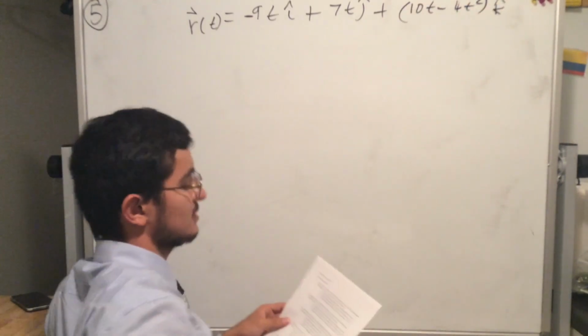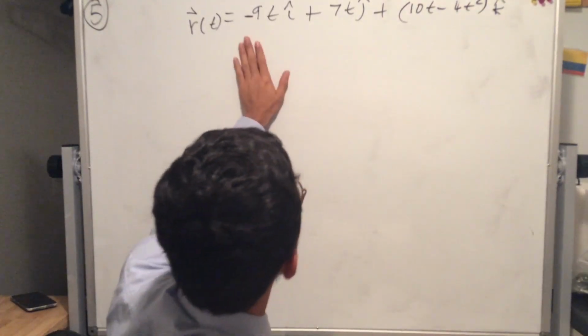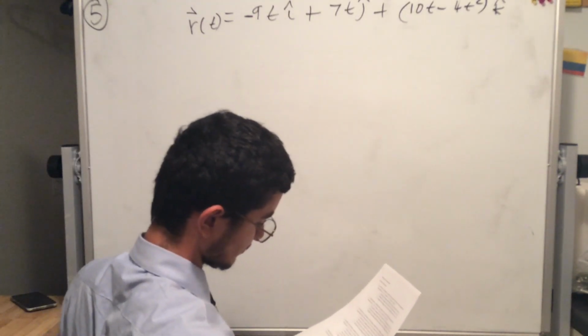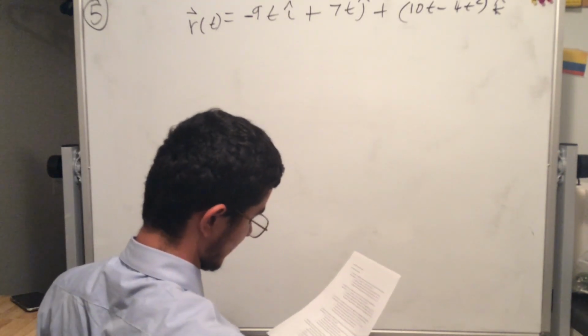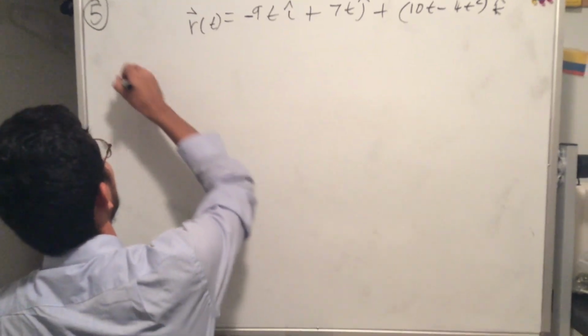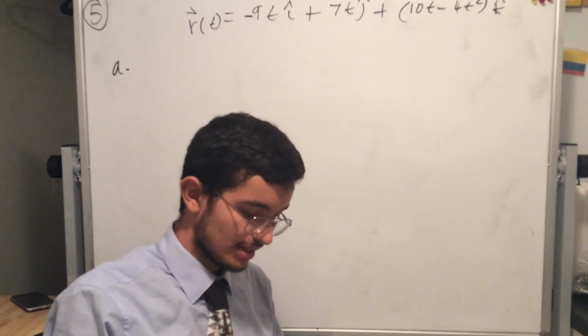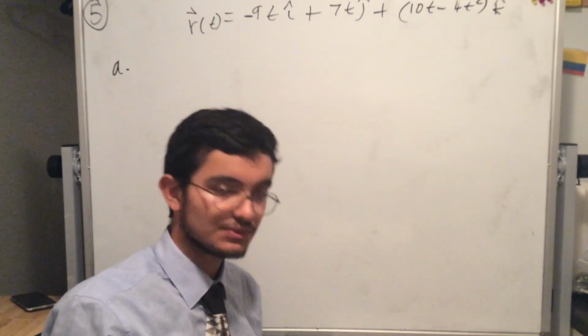So that is the position vector. And so for part A, we're going to present the vector of velocity and acceleration of the bee in terms of unit vectors.